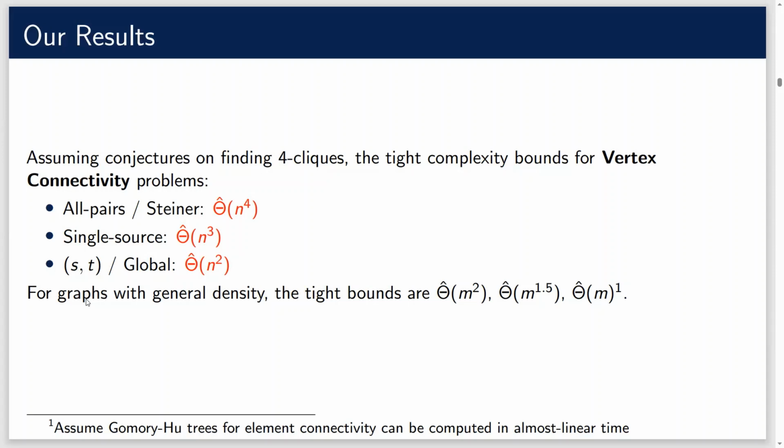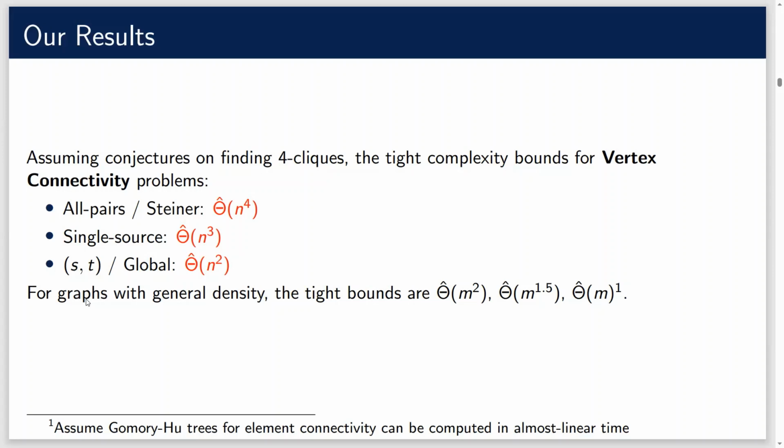The hat on the omega means that we ignore the n to the o(1) factors. For single source, the exact bound is theta hat n cubed. And for ST and global connectivity, the exact bound is theta hat n squared.